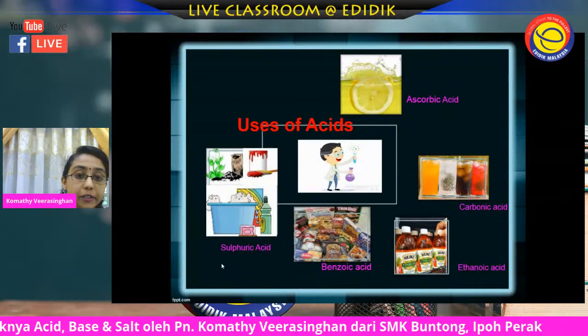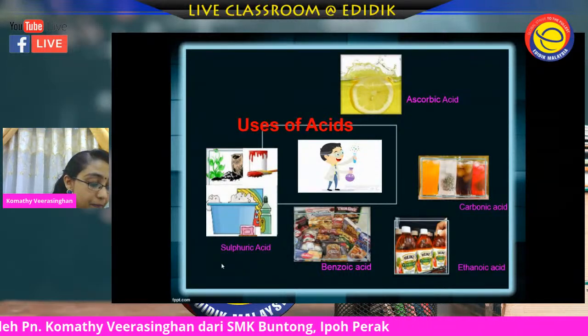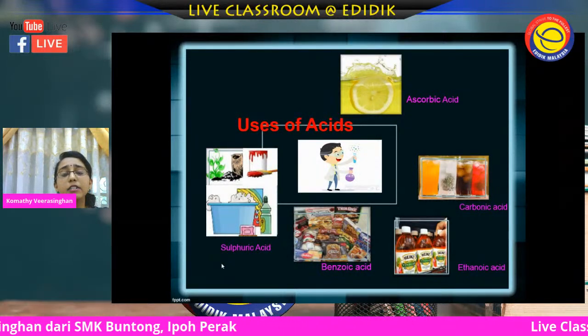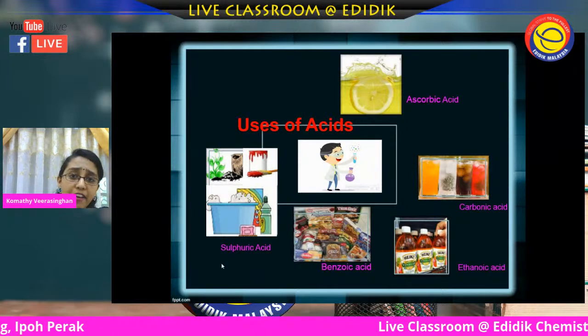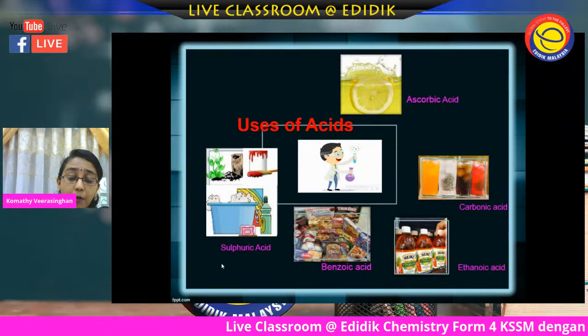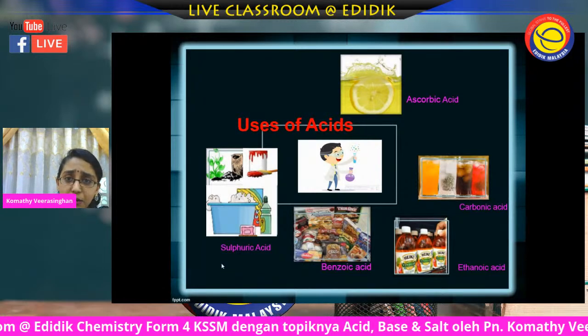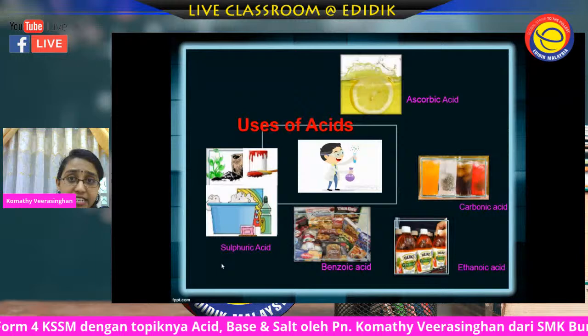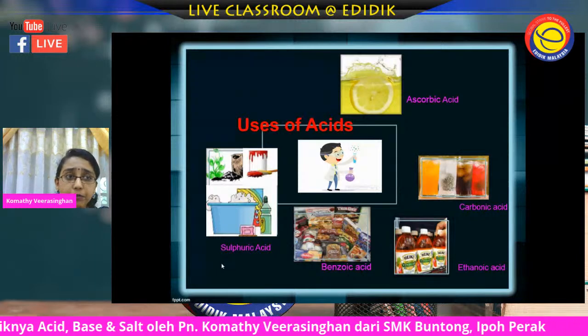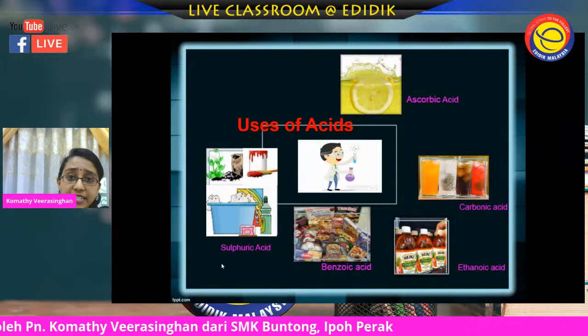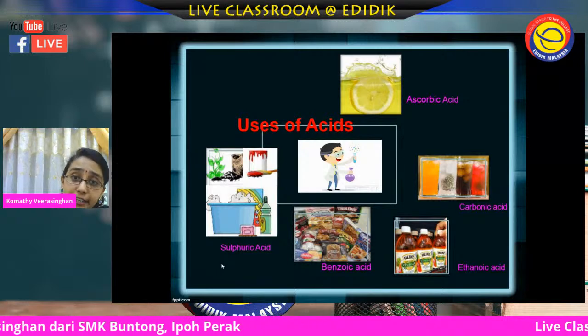Let's look at uses of acids. Do you know that in our everyday life, we are actually handling, I can't say thousands or millions, but at least about 5 to 6 different types of acids and alkalis in our daily life?